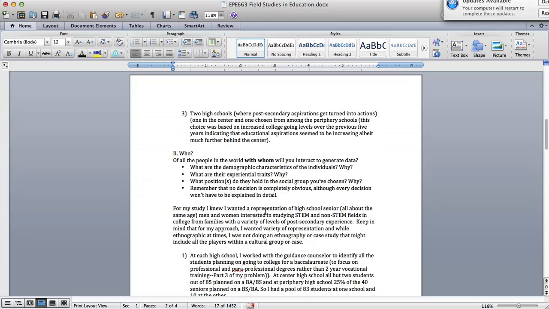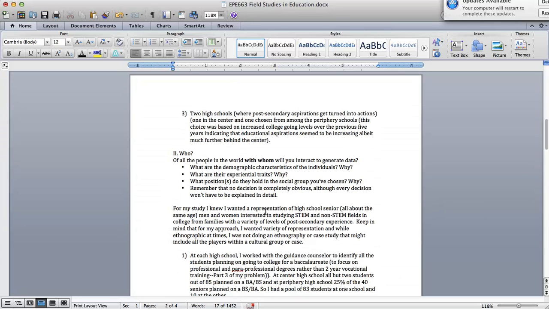No decision is completely obvious. Every decision won't have to be explained in detail. So if your research question says that you're looking at how young girls learn chemistry, then clearly you're going to be talking to girls and not to boys. But maybe not. Maybe you're interested in the differences between them.